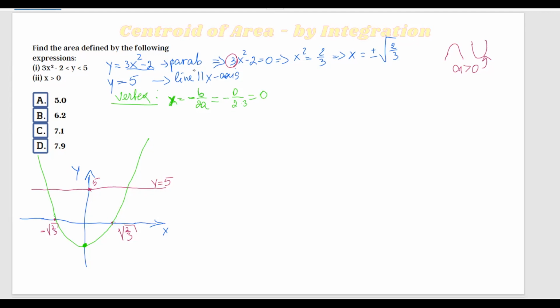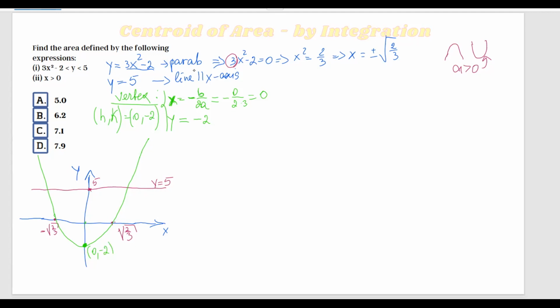And then for the value of y, we just take the value of x and go to the y equation and replace x with 0. So we have 3 times 0 squared, y is going to be minus 2. So the vertex of this parabola, h, k, is equal to 0, minus 2. This is the point (0, minus 2).